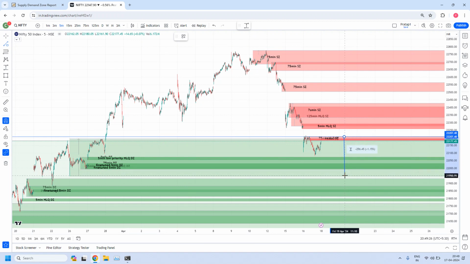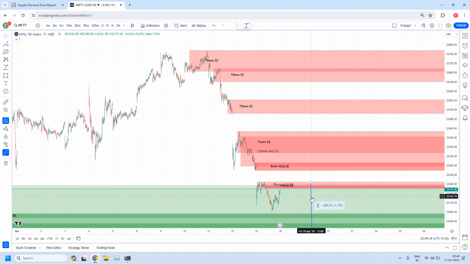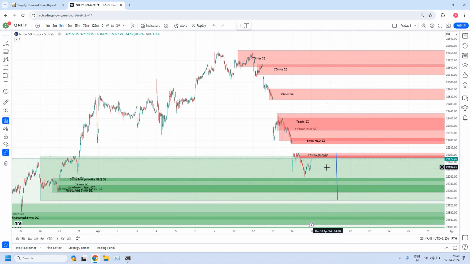The ranges will be like this. This could be the range. Probably prices may move between this range. If this is violated, maybe the range will change to like this.